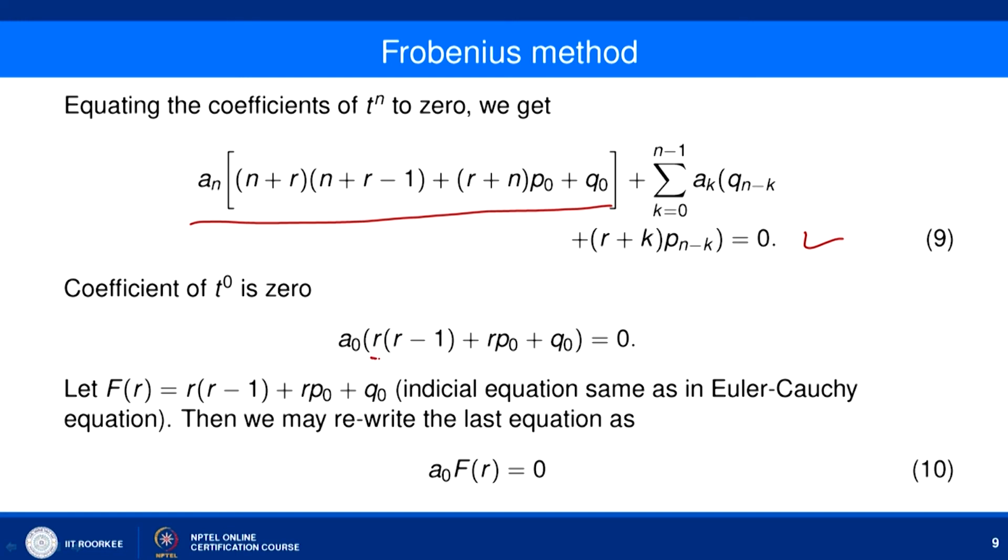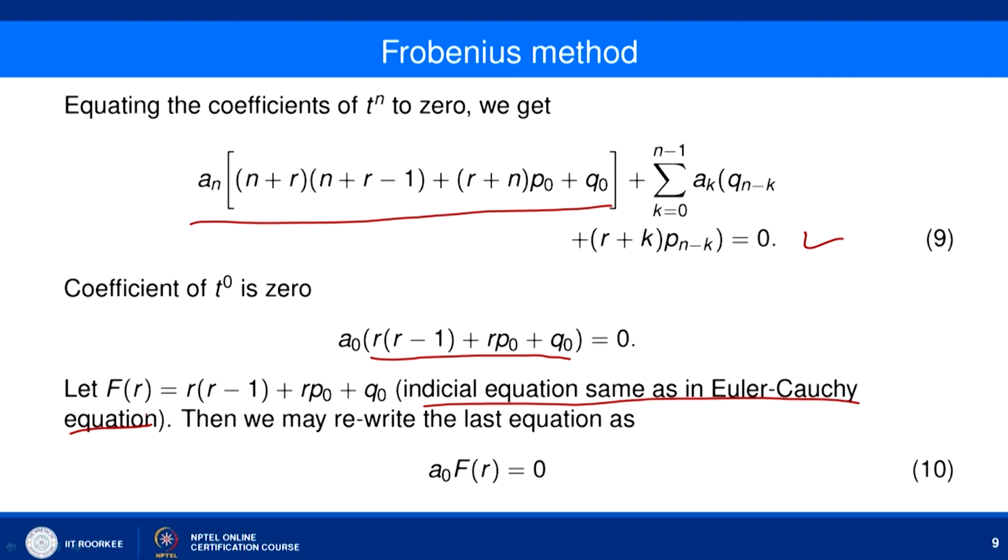Now if we call this f of r, that is, f of r is denoted as r into r minus 1 plus r p naught plus q naught, this expression we call the indicial equation, same as in the Euler-Cauchy equation. If you remember, in the Euler-Cauchy equation we also have a similar form.